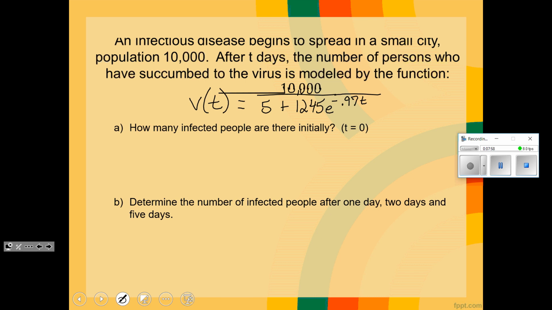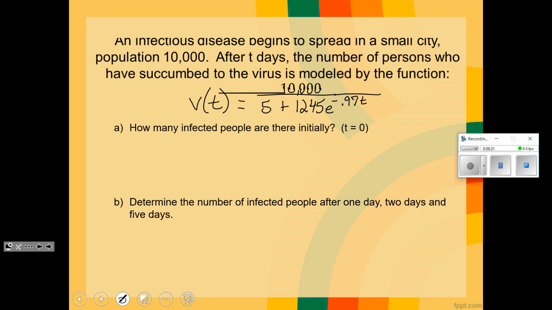Does that make sense? So V at T is equal to 10,000 divided by 5 plus 1245 e raised to the negative 0.97t.